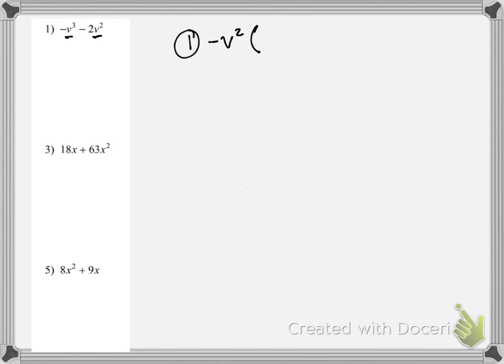Now whenever I do the GCF, since there are two terms here, there needs to be two terms here. Okay, so two terms. When I take this out of this term, what I'm left with is only one V left because I took the negative out and I took out two V's, so I have one V left.